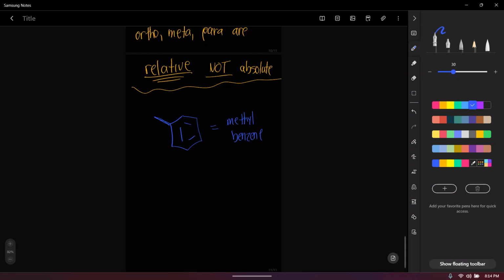So if methylbenzene is right here, the ortho positions are the ones that are immediately adjacent. So ortho is immediately adjacent. Okay? So the ortho position is the position that's immediately adjacent. The para position is the position that is opposite.